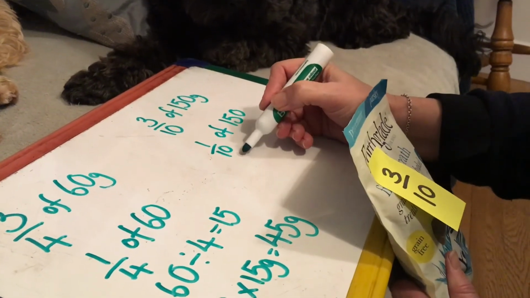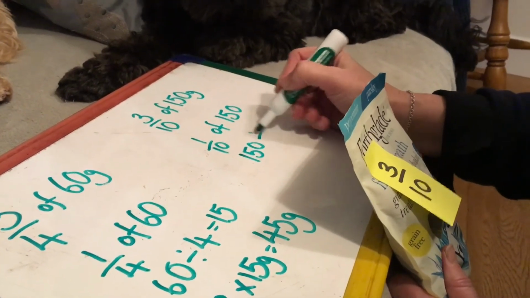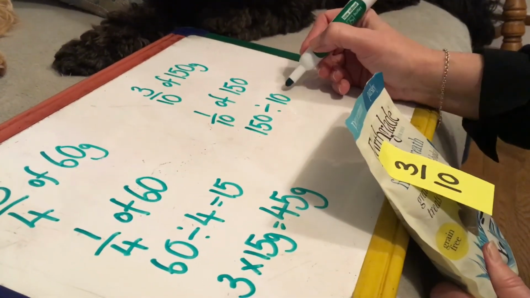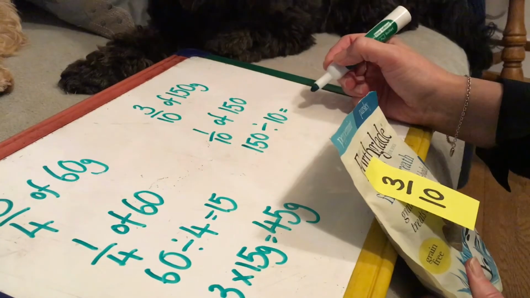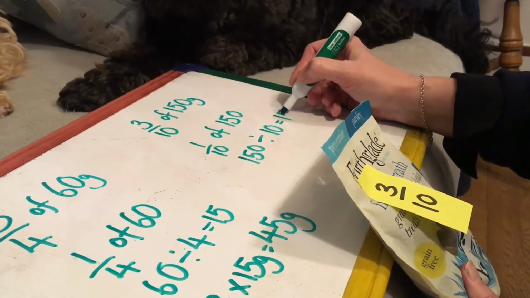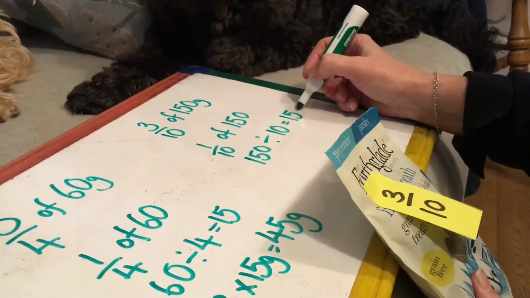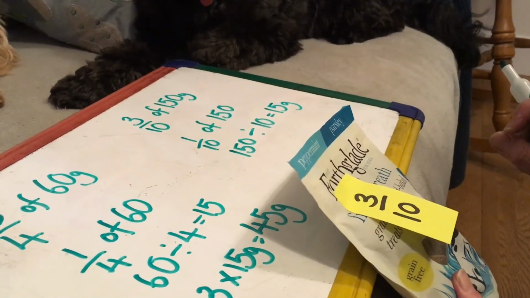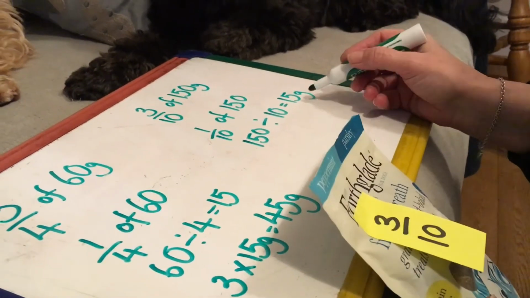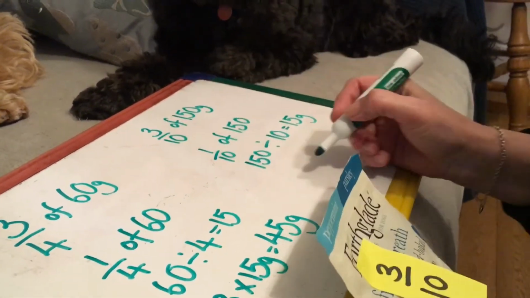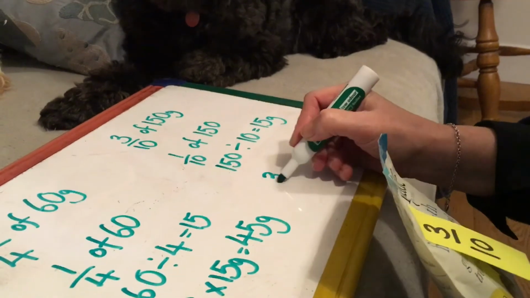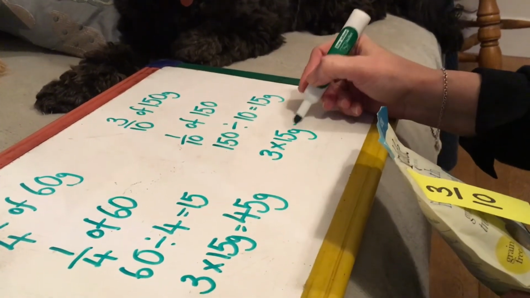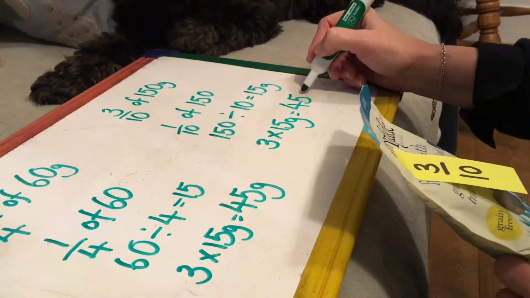I'm sure you can probably just do that in your heads. Remember a quick way of doing that, it's going to be 15 grams. Now I want 3 lots of the 15. I didn't want 1/10, I wanted 3/10. So 3 times 15 grams is 45 grams.